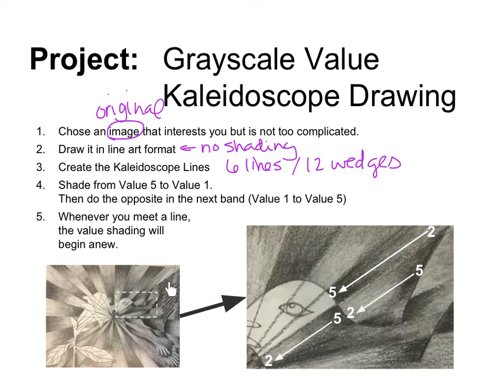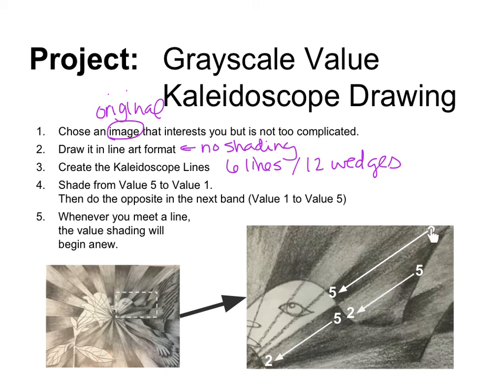So this is the full image here, and I blew up this little part here just so you can see the gradation coming. Especially in this one, you can see how as it gets to the line, that line being the hummingbird's head, once we hit that line, we're going to start anew.